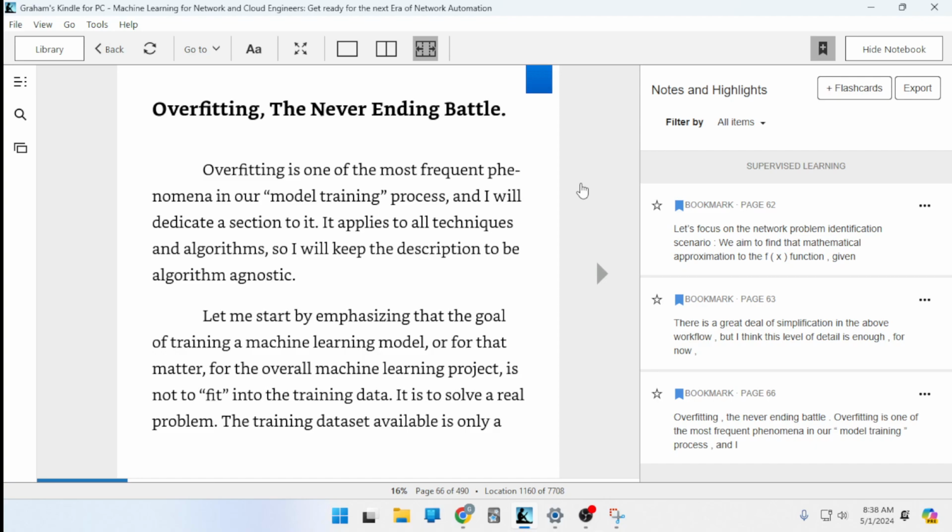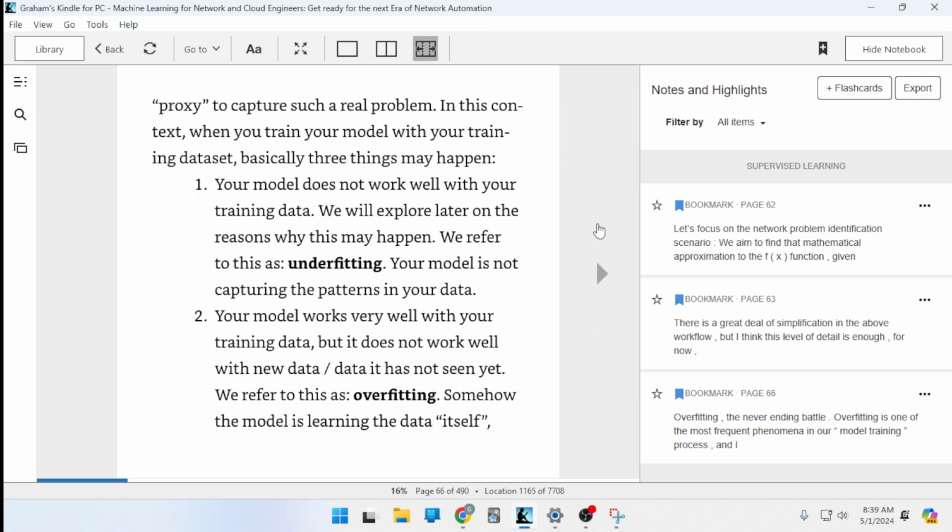Let me start by emphasizing that the goal of training a machine learning model, or for that matter the overall machine learning project, is not to fit into the training data. It is to solve a real problem. The training dataset available is only a proxy to capture such a real problem.